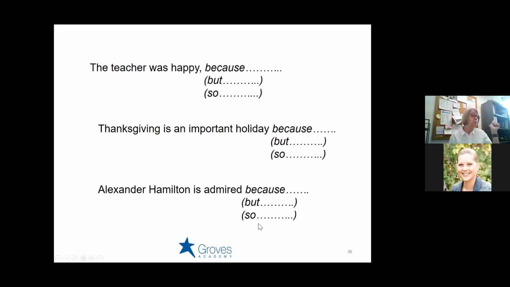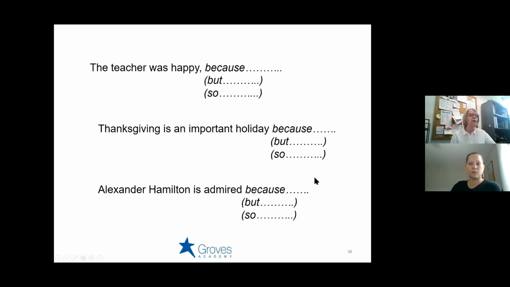Alexander Hamilton is admired, so we put him on our money. Anyway, these are all, and it really just causes students to have to think in more advanced, more analytical ways than they otherwise would.